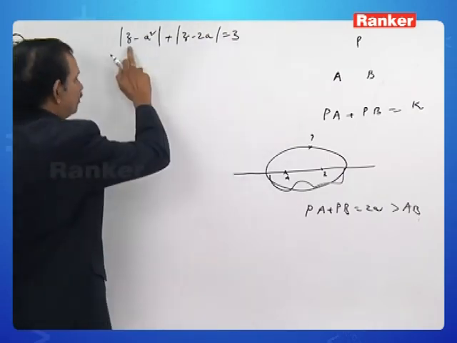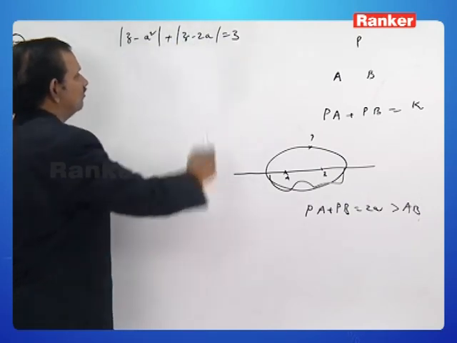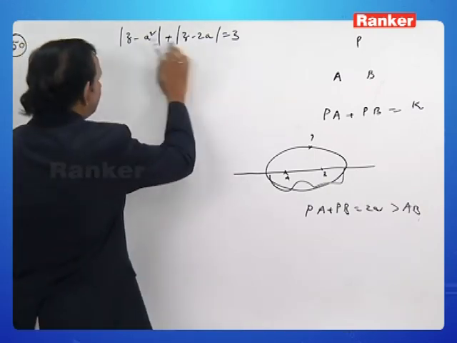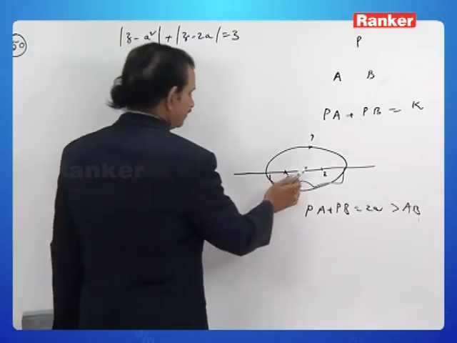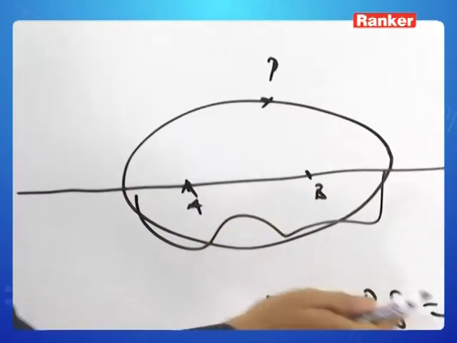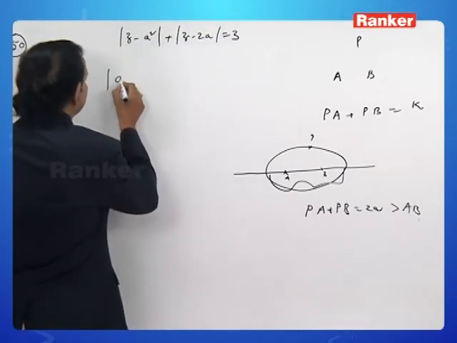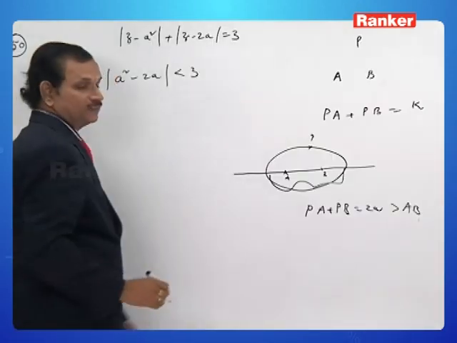Let me name this P capital A, P capital B. PA plus PB is 3. What does it mean? The distance between A square and A is less than 3. That is, this distance AB is less than PA plus PB, isn't it? Therefore, mod A square minus 2A is less than 3. That should happen.